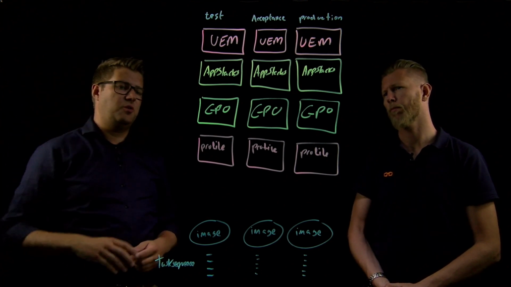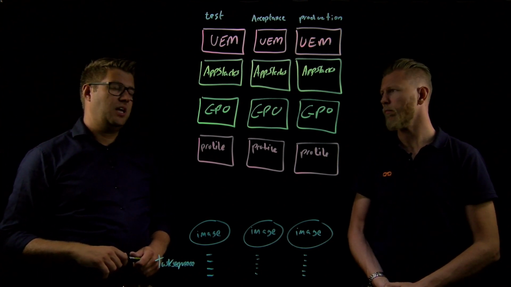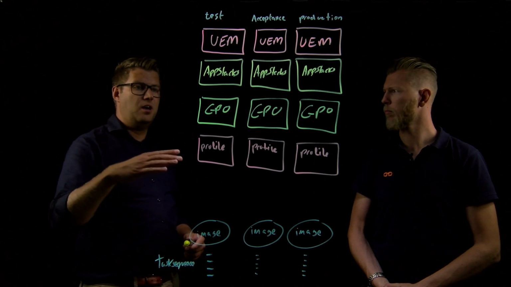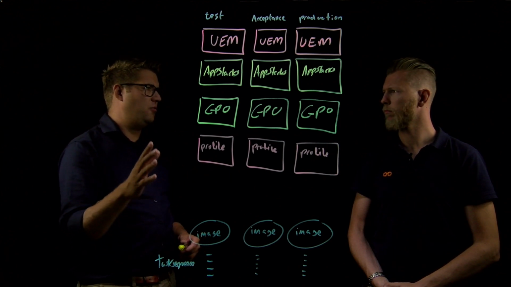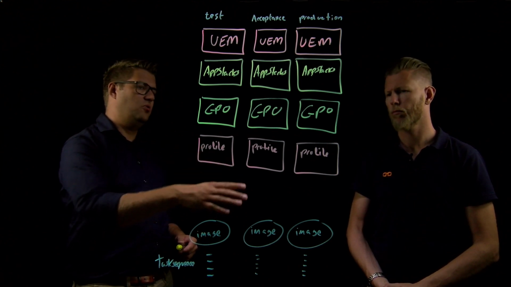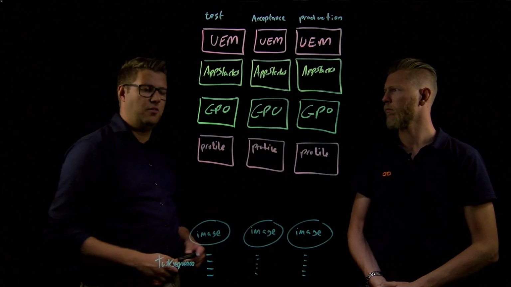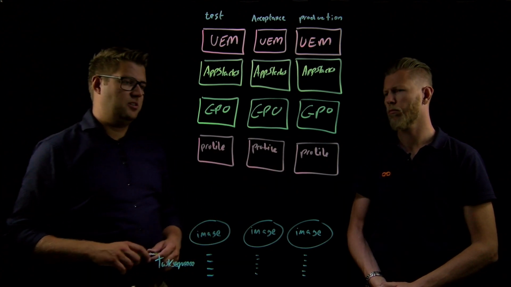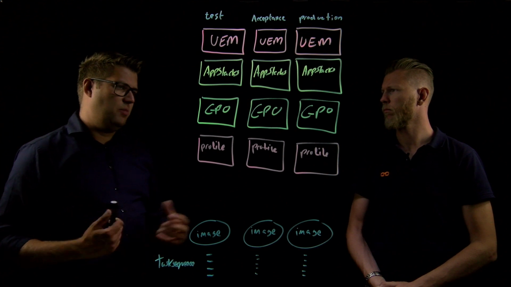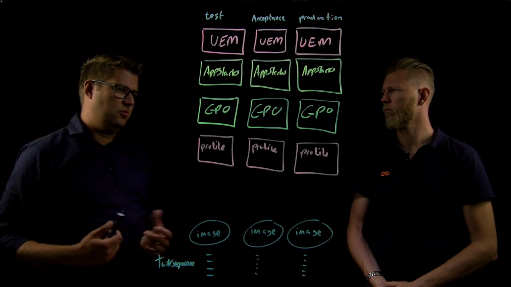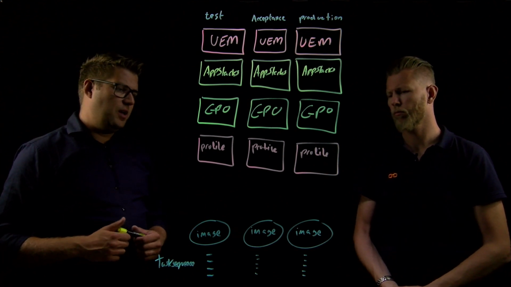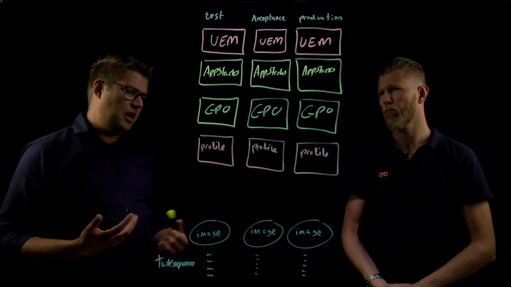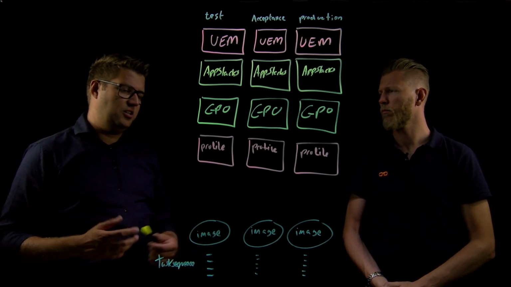So this makes up your whole set. And talking about the profiles, you always want to have a separate profile for each phase of testing. So don't use the same profile for production as your test environment, because you might end up with a weird situation.